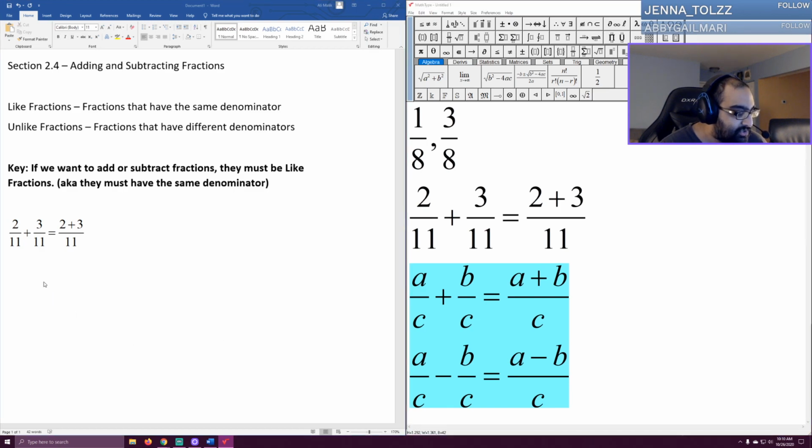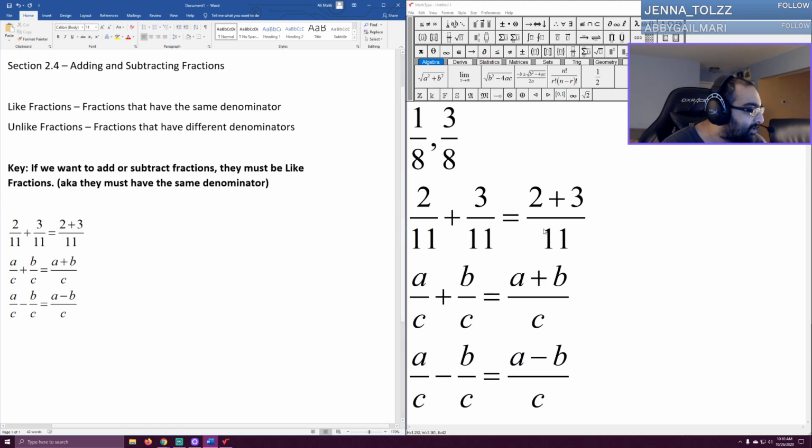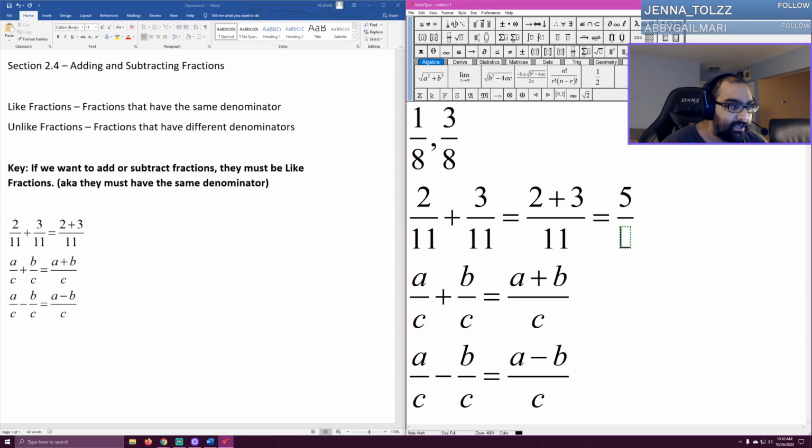These are the two generic rules you can apply for anything. Of course, 2 plus 3 would be 5, and that would be your final answer in that case.